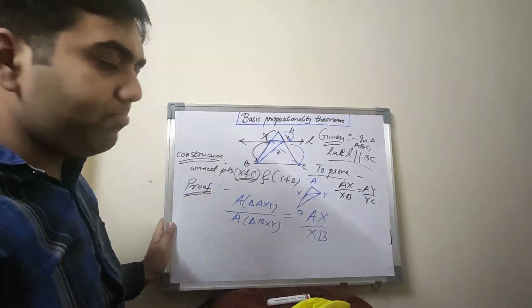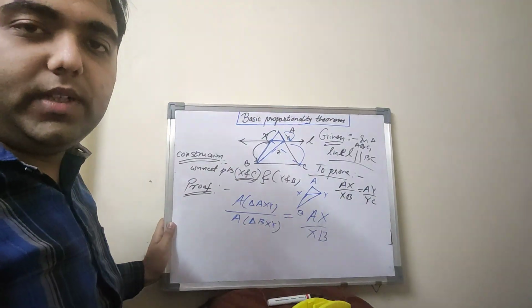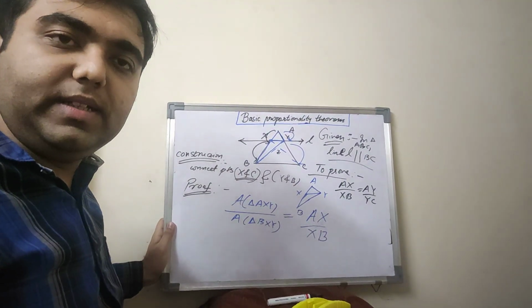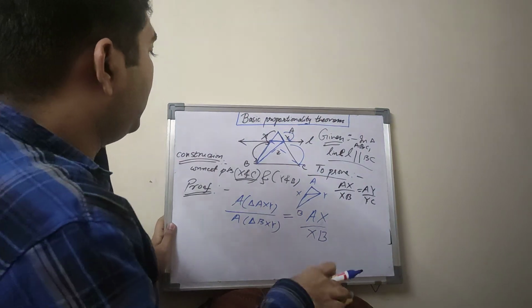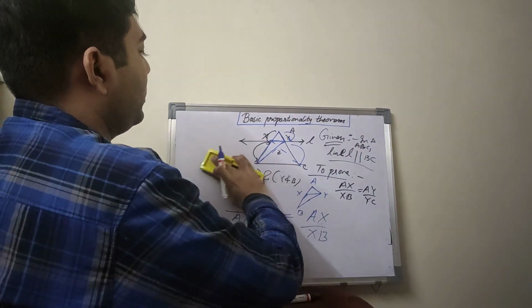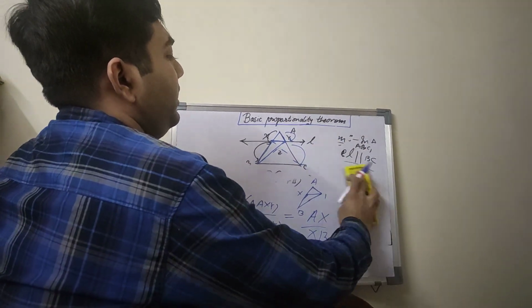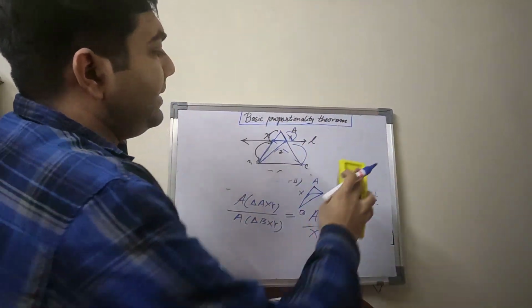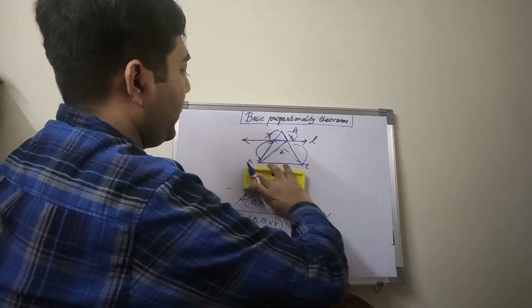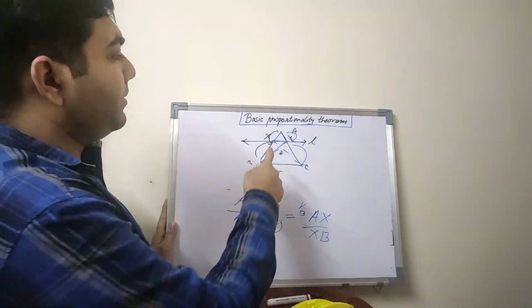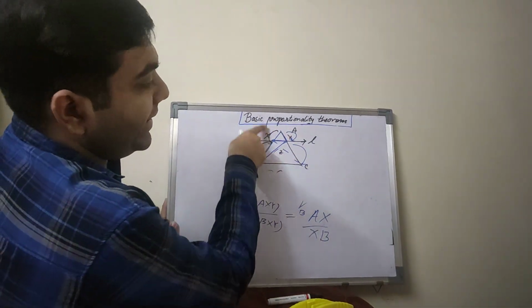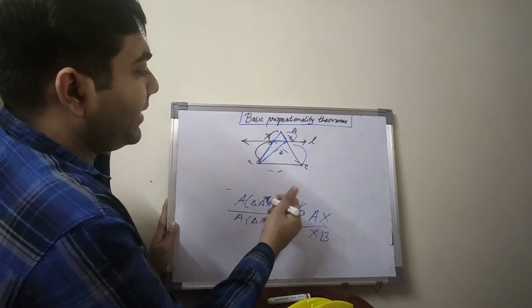Now I'm going to rub this all, and we will take two or three more different cases, and we're going to just prove it. You can easily see that a very similar case like this exists on the right hand side also. I'm going to highlight it.